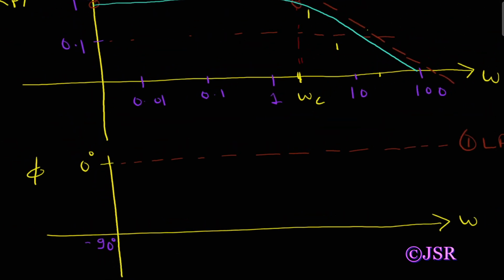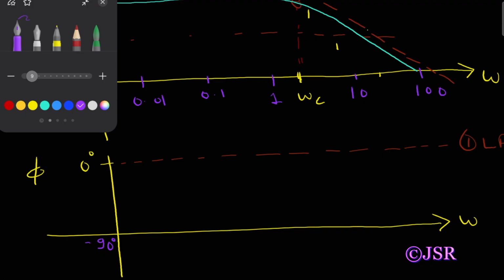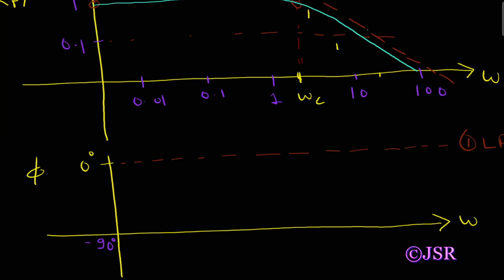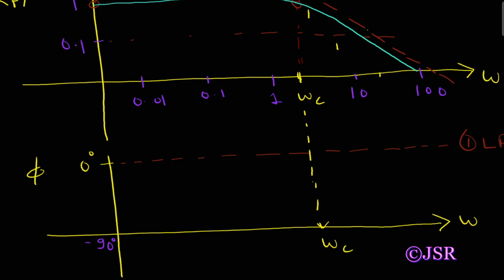So this will be the high frequency asymptote. And at the corner frequency, the phase shift will be minus 45 degree.